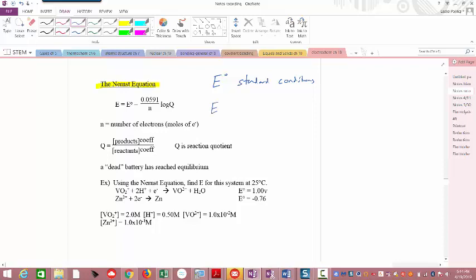And then the E without the naught is at these new non-standard conditions. Okay? N is the number of moles of electrons. And then Q is the reaction quotient, which we saw in the equilibrium chapter. And remember, Q is like K, except K is at equilibrium, and Q is initial. But it's set up the exact same way.